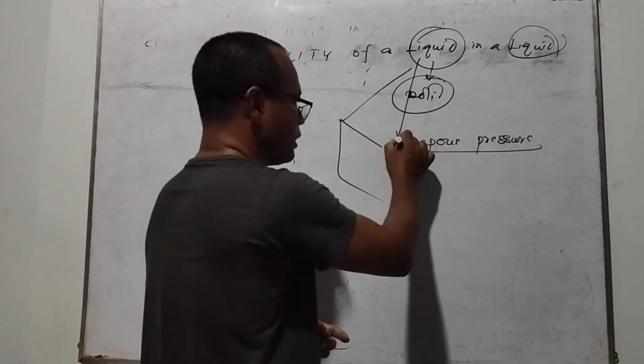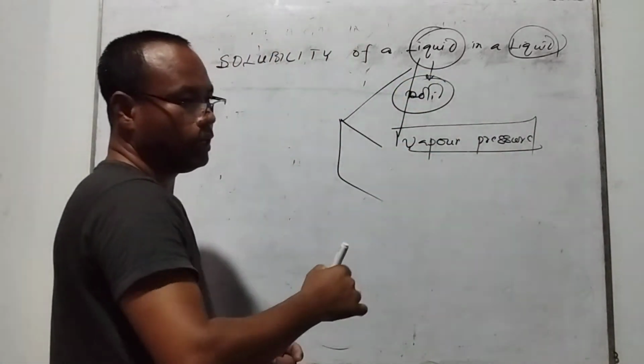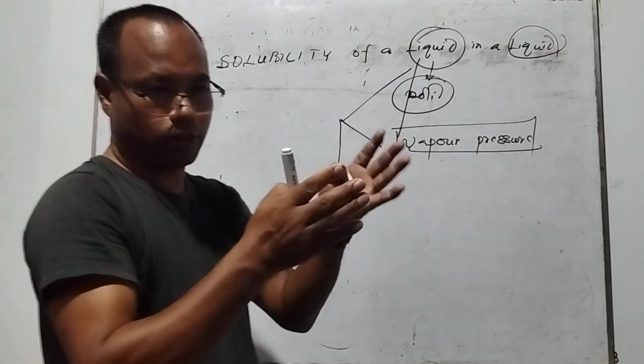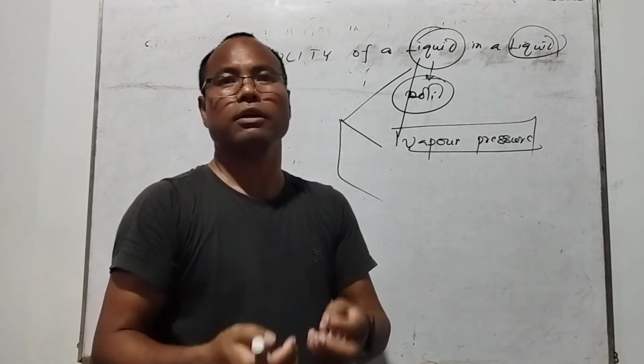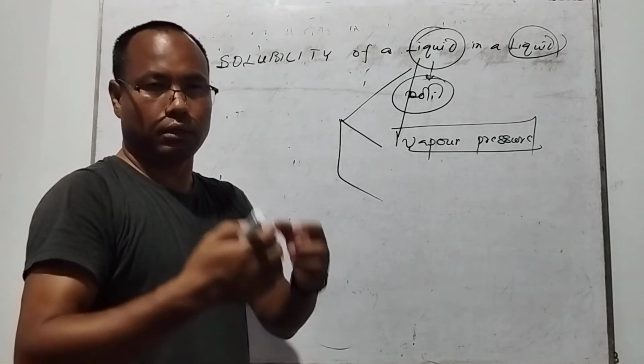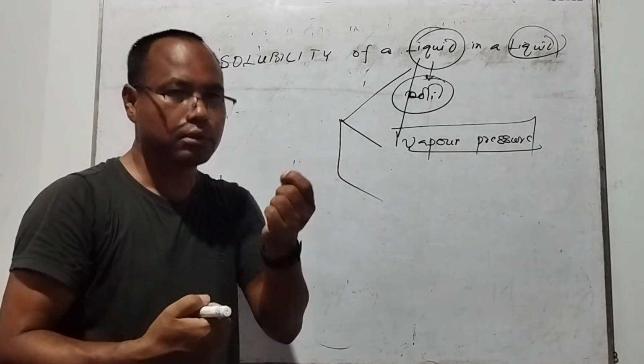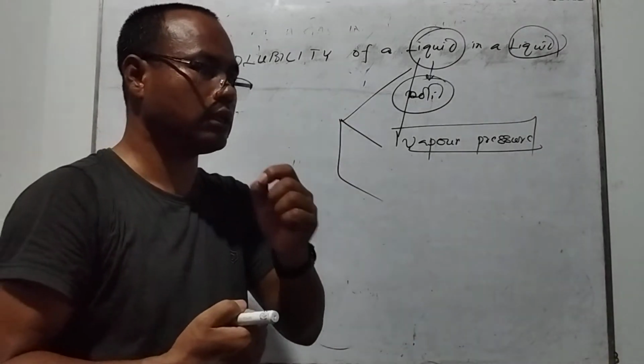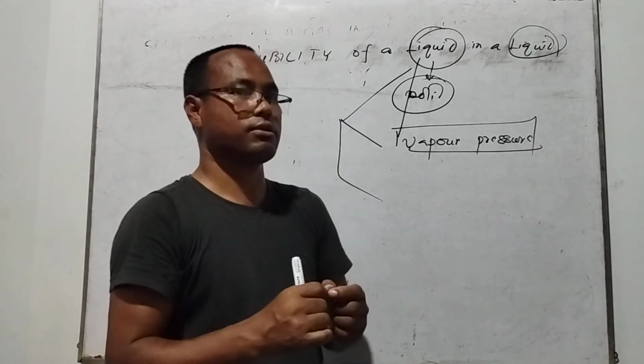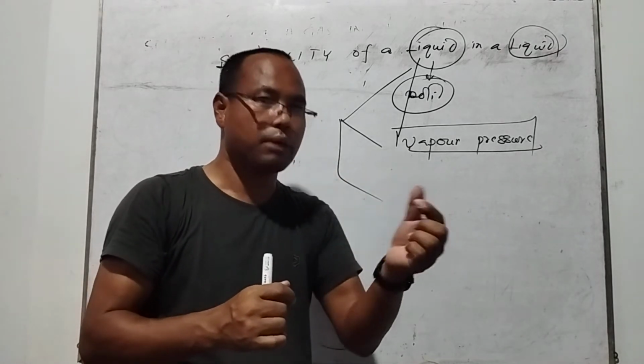So don't forget. Now here, high vapor pressure and low vapor pressure. Do you understand? Understand what's the meaning of this? See, vapor pressure means, in very simple language, the escaping tendency of the liquid into the vapor.